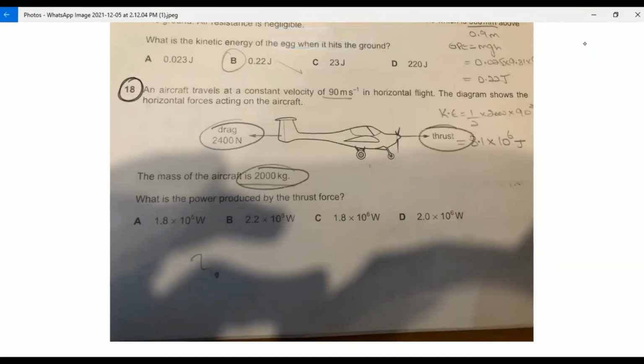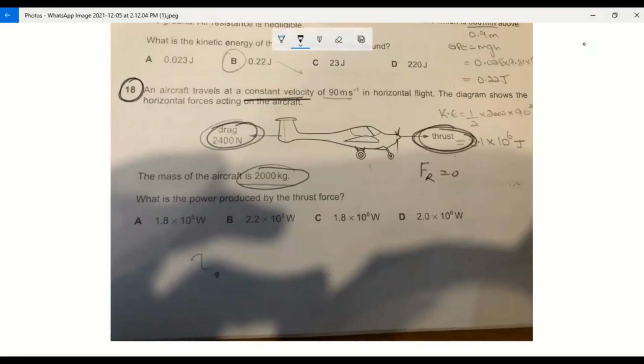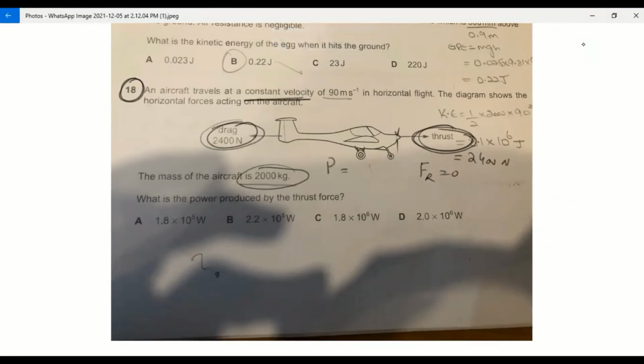So thrust is acting forward, but due to the constant velocity, the resultant force is 0. Mean the thrust and the drag force both are equal. So this thrust is also 2400 Newton. Now power required. So the power is equal to force multiplied by speed, because the power formula is work divided by time.